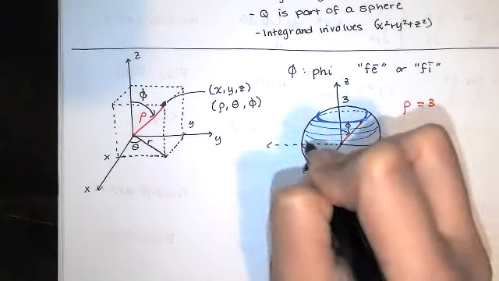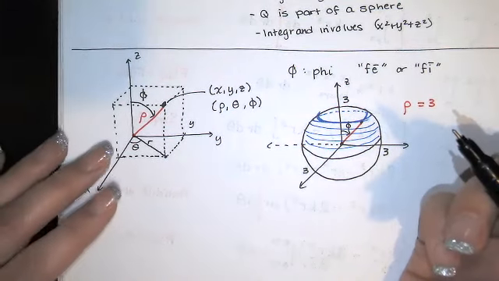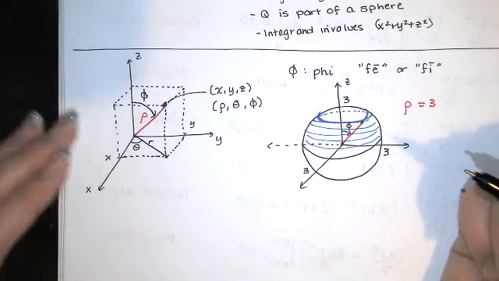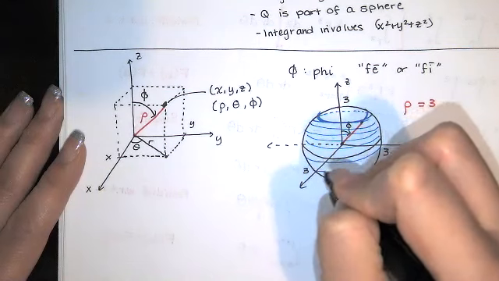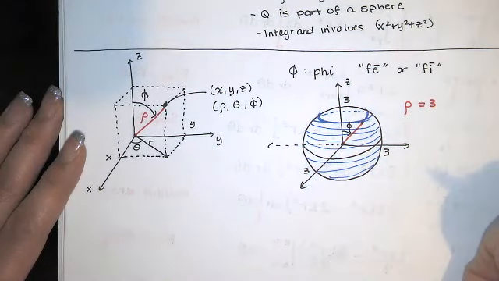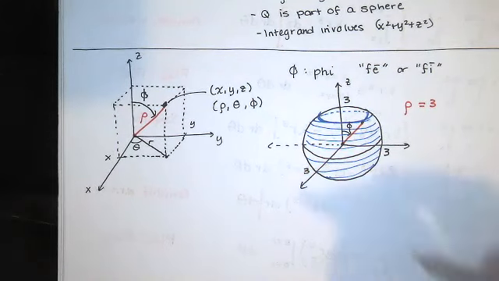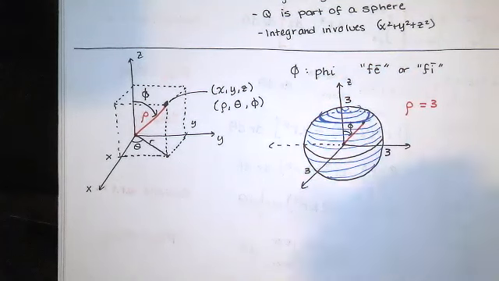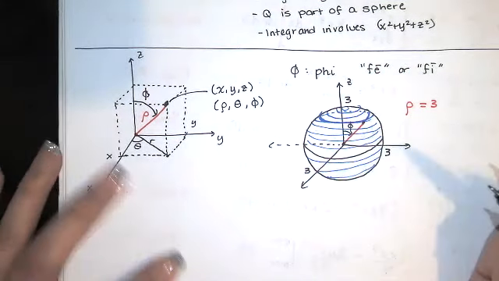Oh, this is so ugly. I'm so sorry. But it's like these constants for phi and these constants for theta are like latitude and longitude. This is why I wish I had my sister's art skills right now. Okay. Yeah, it's bad. So phi is equal to a constant, we're going to be on one of these lines.